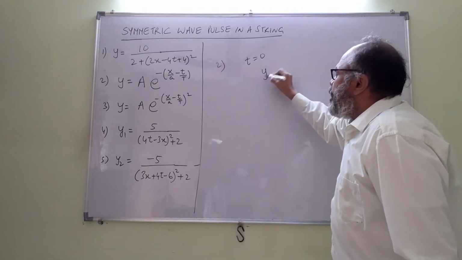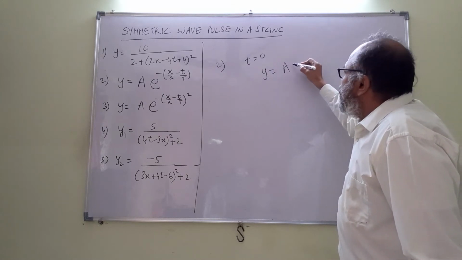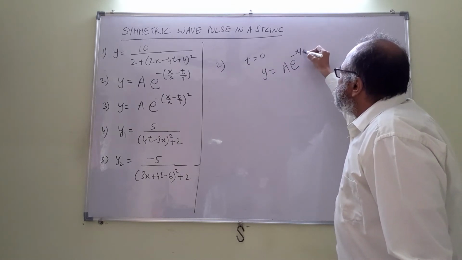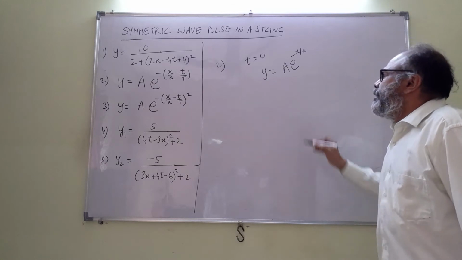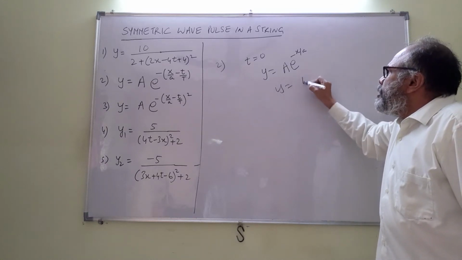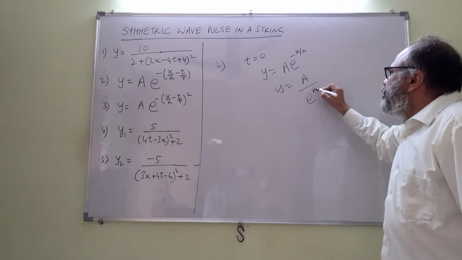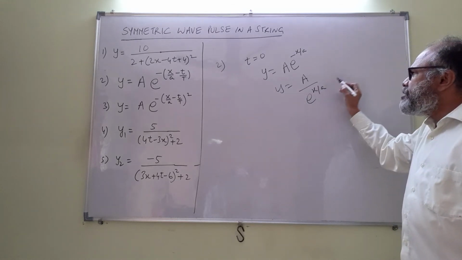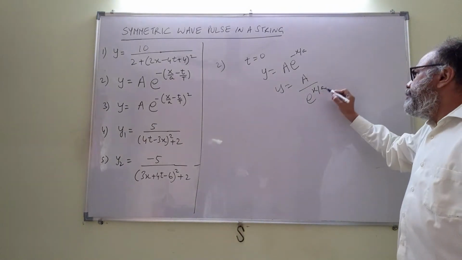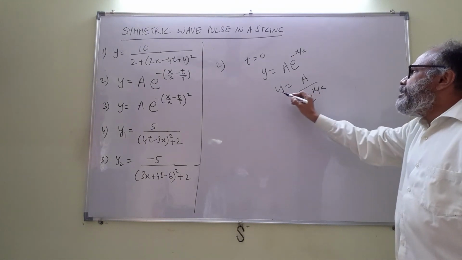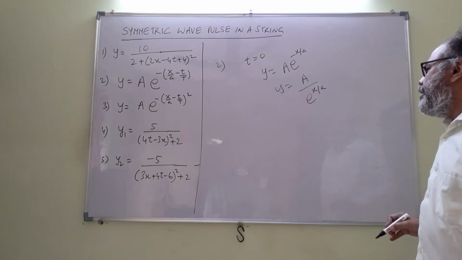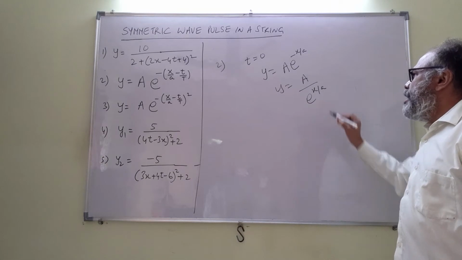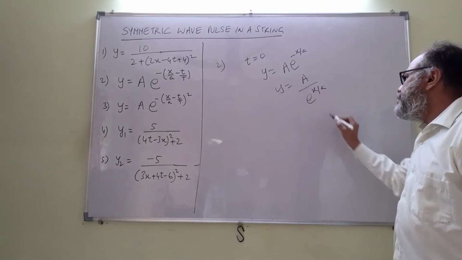So you have y is equal to a into e power minus x by a. So y will be a by e power x by a. As x increases on the positive side from 0, y will keep on decreasing. And at x equal to 0, y is a.